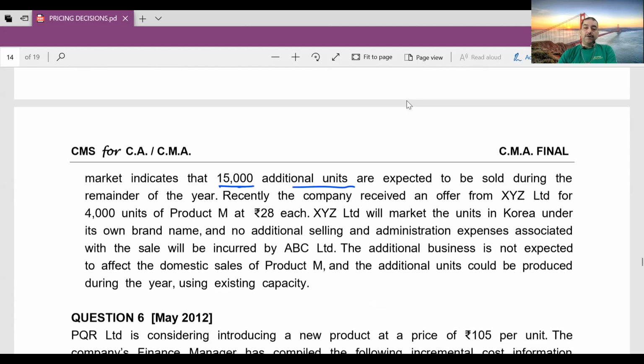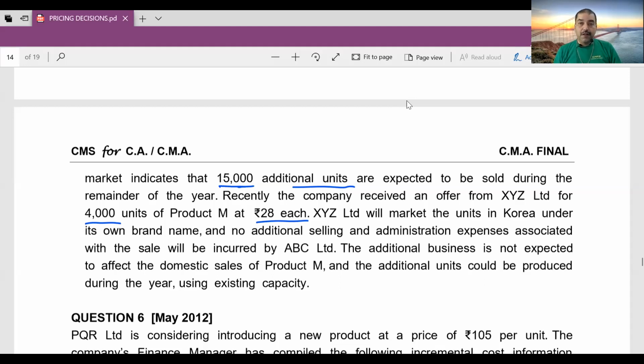Recently, the company received an offer from XYZ Limited for 4,000 units additional production at 28 each, offer price 28 rupees. XYZ Limited will market the units in Korea under its own brand name, and no additional selling and administration expenses associated with the sale will be incurred by ABC.